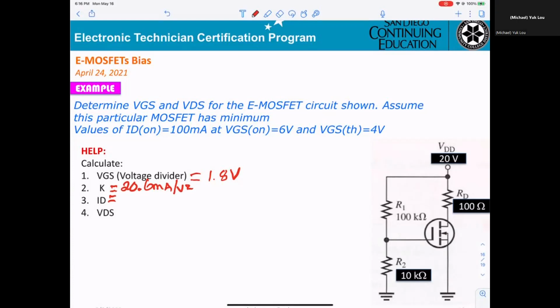Actually, I get 25 milliamp per V squared. Okay, how come you got a different one? Did you come up with K as 25 milliamp per V squared? Yeah, it's 100 divided by 4, right? So 25. Correct.